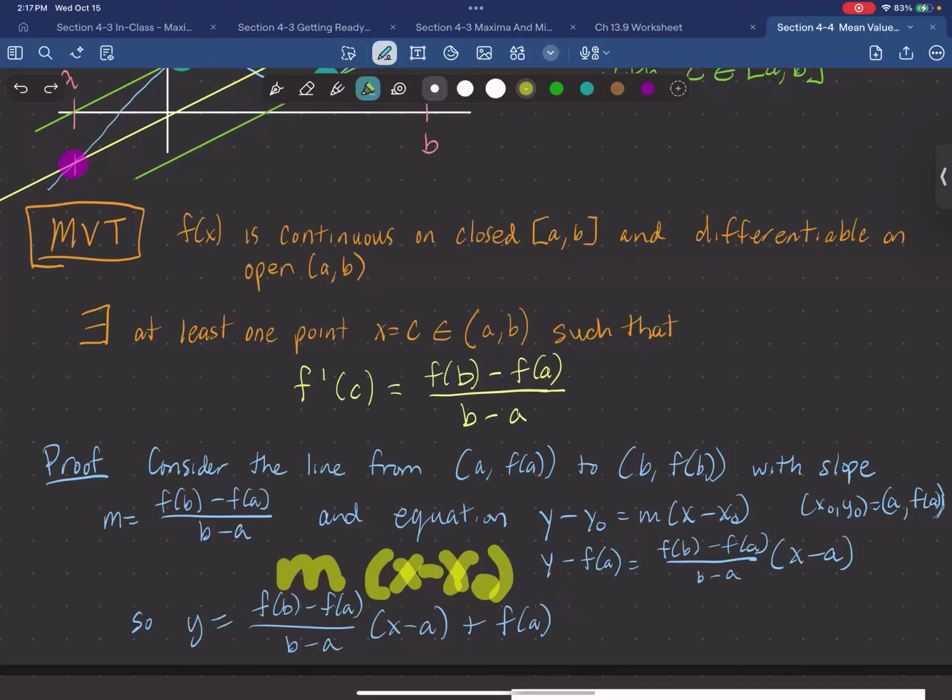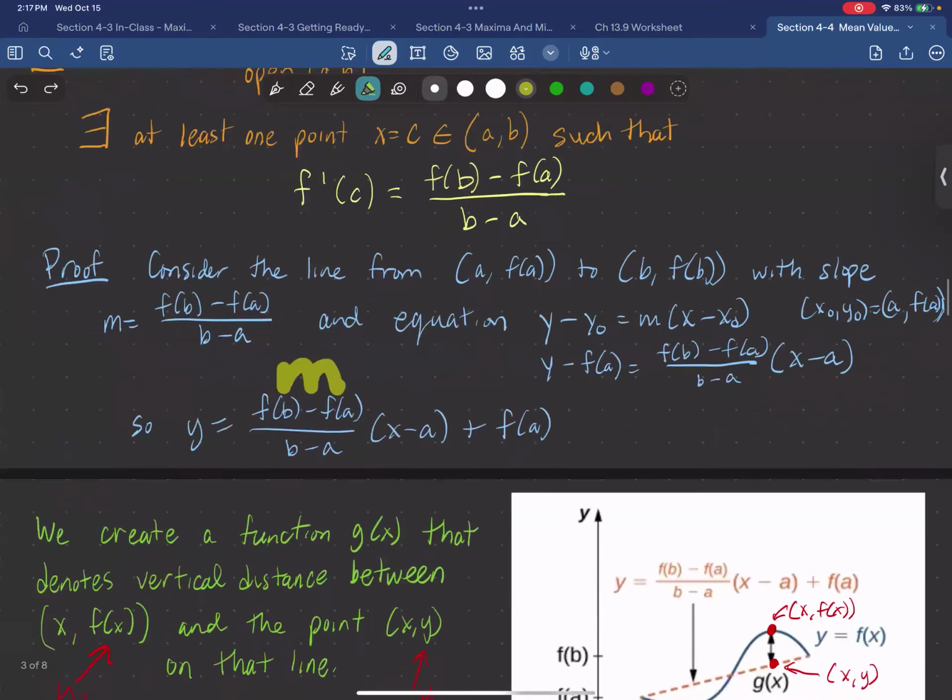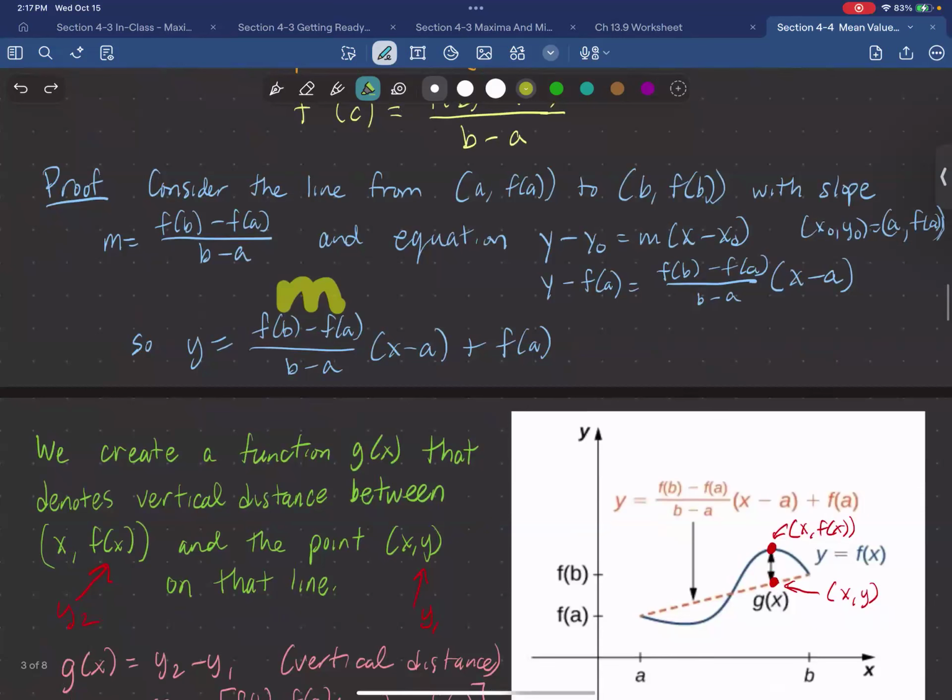So we make another function called g of x. And g of x is going to represent that vertical distance right there. It's the vertical distance. And vertical distance is y2 minus y1. That's a vertical distance.